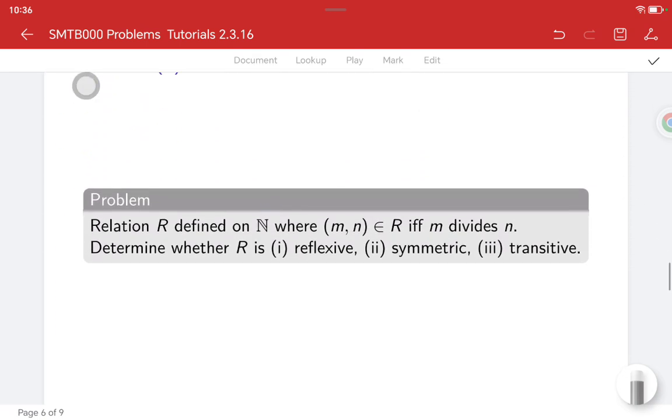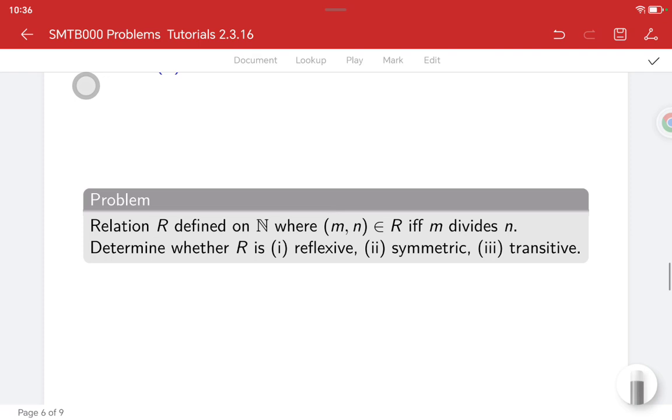Now, when you come to this one, they say a relation R defined on N, where (m, n) is an element of R if and only if m divides n. Then they say we must check if R is reflexive, symmetric, and transitive.